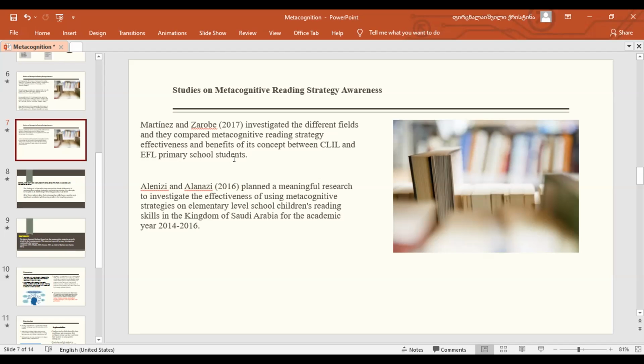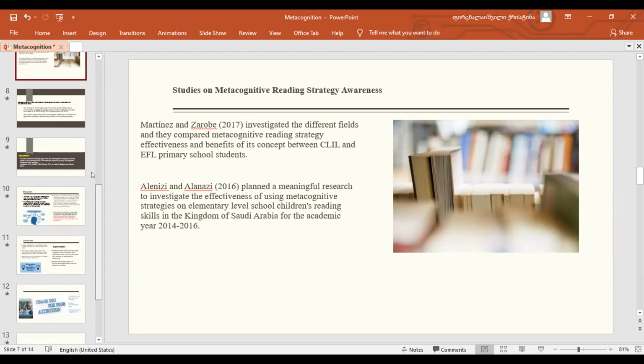By the way, if we make them think about their learning process, it will be better if we start this process from the very beginning, in the case of elementary and primary students.